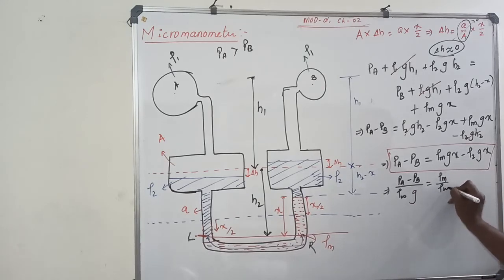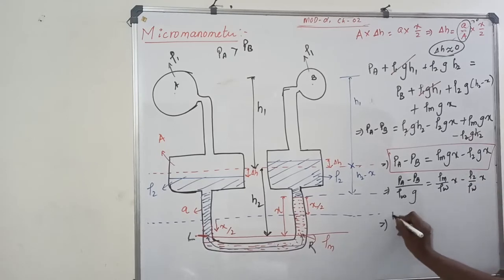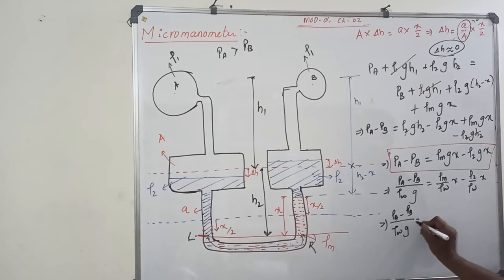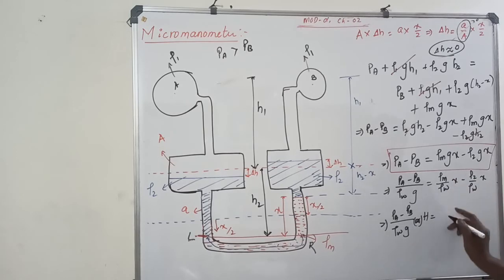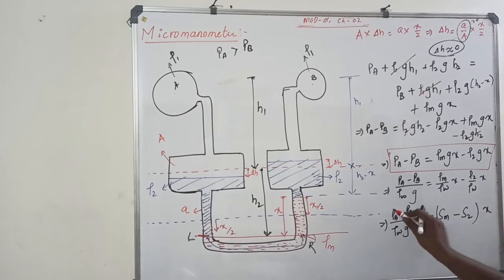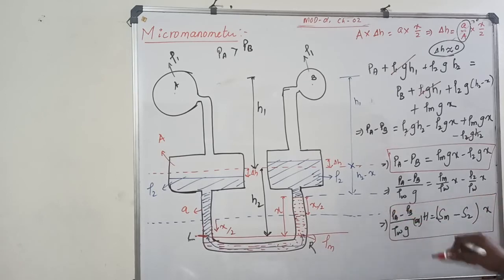We got rho M by rho W into X minus rho 2 by rho W into X. So this one, PA minus PB by rho W multiply G, or we call it head, pressure head in terms of water, is equal to density of matter by density of water, so specific gravity Sm minus S2 multiply X. This is your pressure head in terms of water column for a micromanometer. So proof is necessary? No, normally I'll ask you numerical. I am just telling how to proceed.